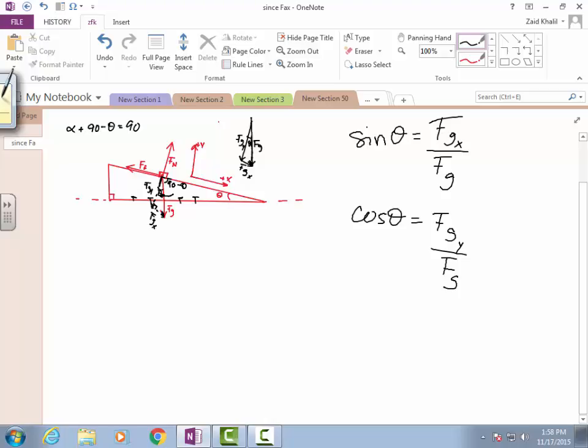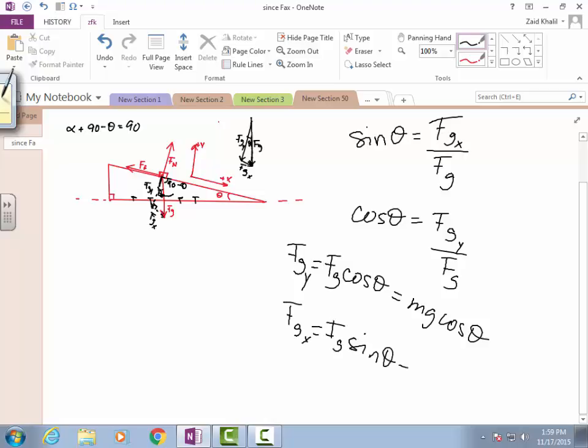All right? So now we can begin writing Newton's second law in each direction. So FGY equals FG cosine theta equals mg cosine theta. And we get FGX equals FG sine theta equals mg sine theta.